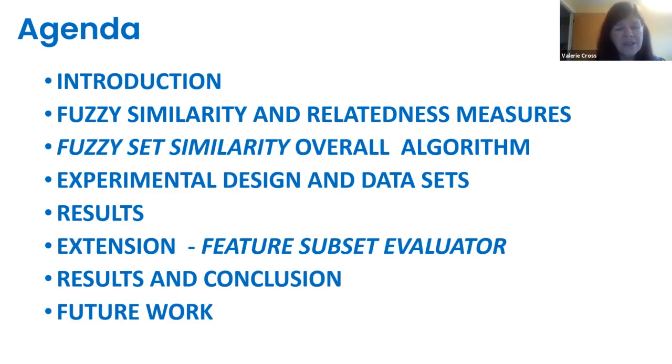And for this conference, we extended it by looking at the feature grouping that we did and evaluating the feature subsets to decide whether they were poor or better quality, and we included only the quality ones in our base classifiers.